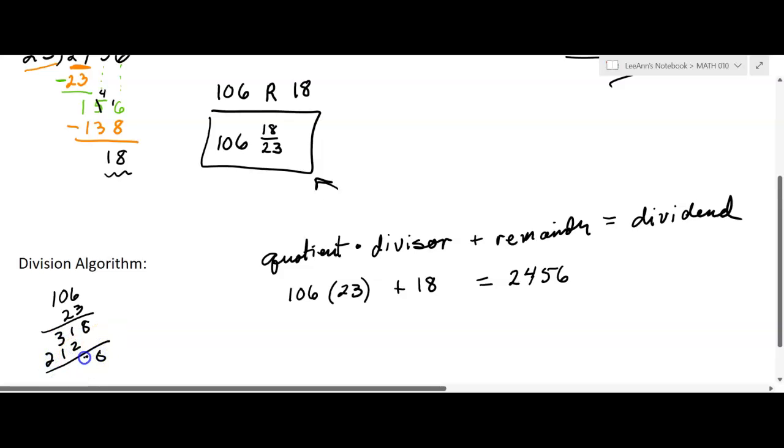I get 2,438, plus 18, yes, it's 2,456. So this checks, okay? All right, we're going to revisit the division algorithm later on in this section.